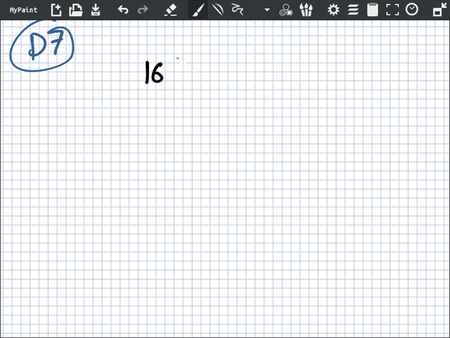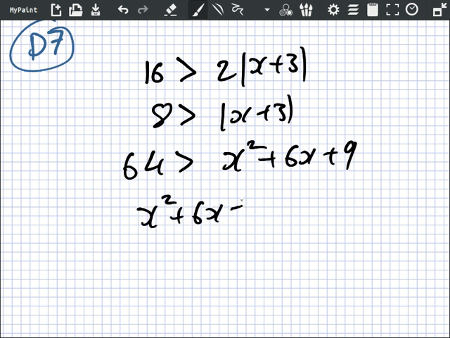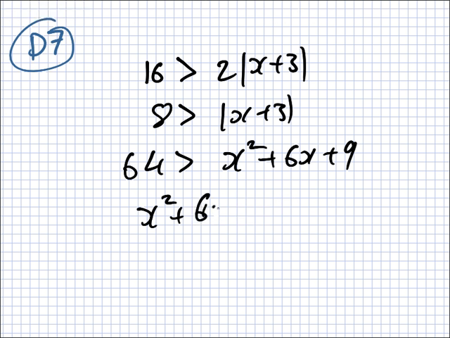So what I'll do is I'll cross multiply, divide, and square. And so I get x squared plus 6x plus 9. Let me get rid of the 9. 9 minus 64 is minus 56.